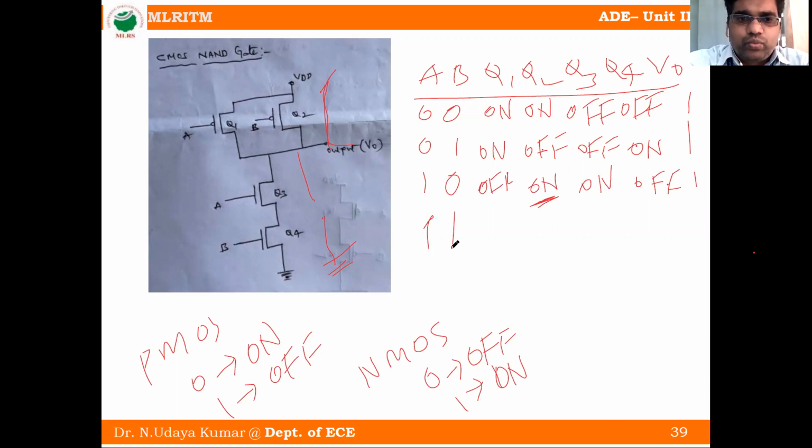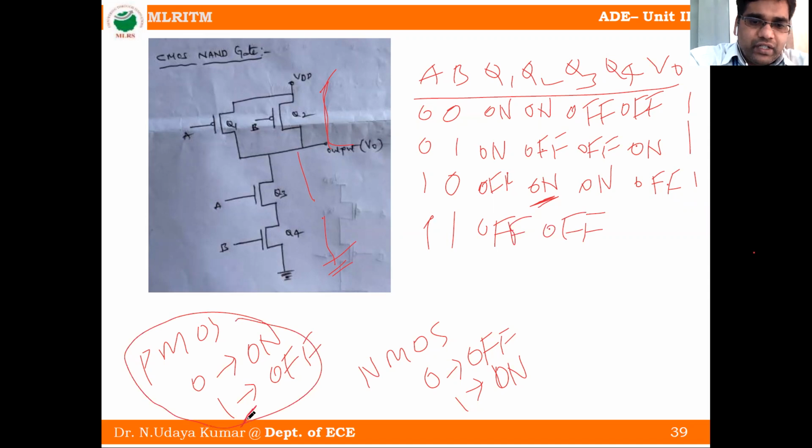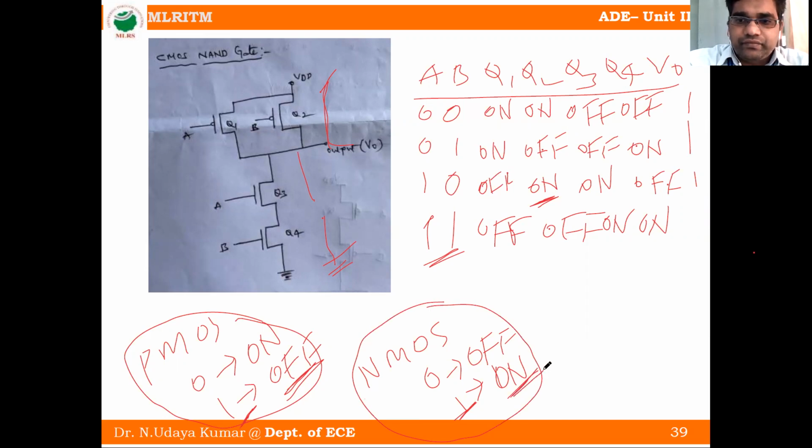Next we will see 1-1. Here both PMOS transistors are off, because if 1 is given to a PMOS transistor, it is off. In the lower portion, Q3 and Q4 are both on, because if 1 is given to an NMOS transistor, it is on. So from the output to ground, it is a short circuit.